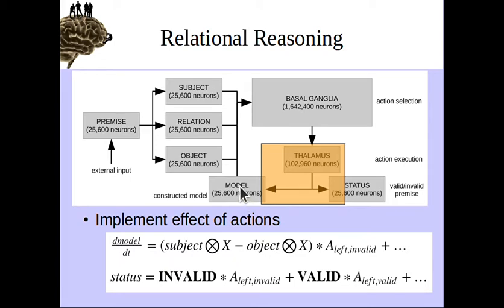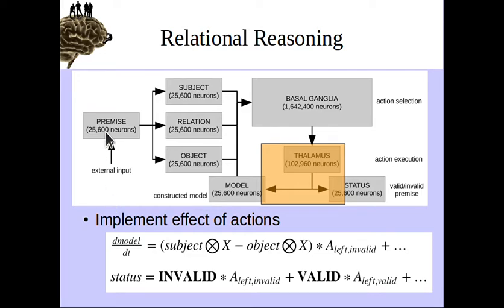What that's going to do is push my mental model of where this object is to the left, and where this object is, it'll push it to the right. And it'll keep pushing that.